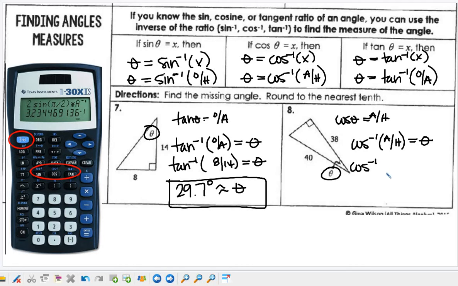So cosine inverse, adjacent is 38, hypotenuse is 40, which is going to give me that theta is approximately equal to, so we're going to do second cosine, should have that cosine to the -1, cosine inverse, 38 divided by 40, and you get that theta is approximately equal to 18.2 degrees.